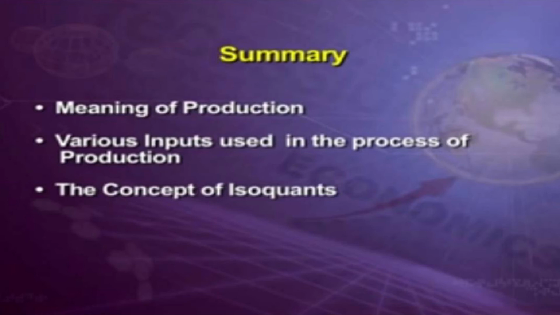So next you have various inputs used in the process of production. What are the various uses we are going to have, the different kinds of ways of producing the good, for example, technology. As I told you, suppose you want to produce wheat. The wheat cannot be produced on its own. So you need to have the land.